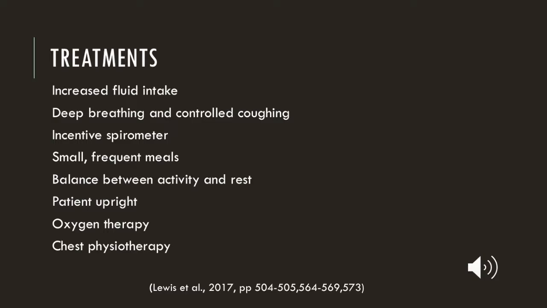Small, frequent meals are recommended for patients with dyspnea. The small meals are easier to tolerate. They should be high in calories and nutrients. Encourage the patient to exercise as tolerated. Mobility helps prevent atelectasis and further complications, but it is also important for the patient to rest and allow the body to recover.